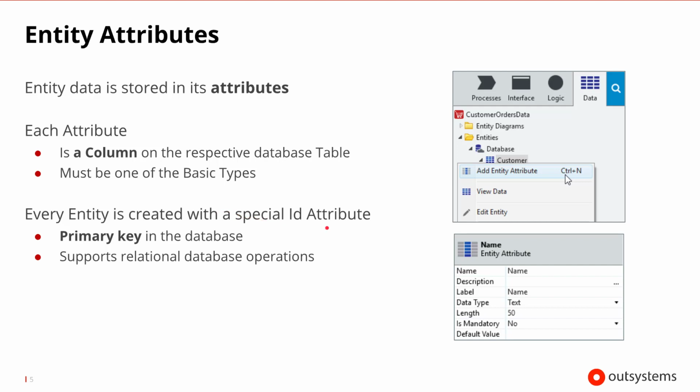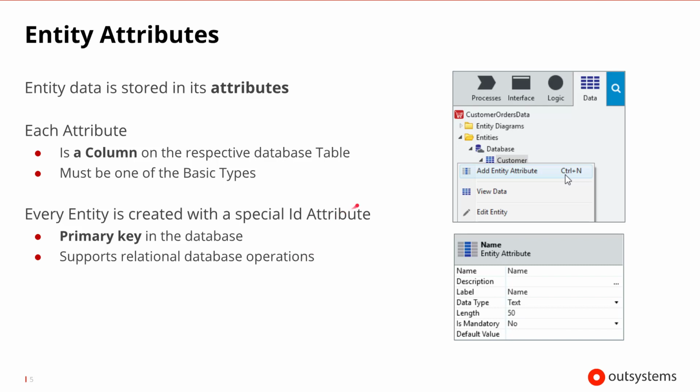So we want to be able to uniquely identify each entity, and that means that we need some unique identifier, and that will become the primary key inside of the database. And by having this primary key in the database, that supports all of the relational database operations that we might wish to do when we're working with these particular types of entities.